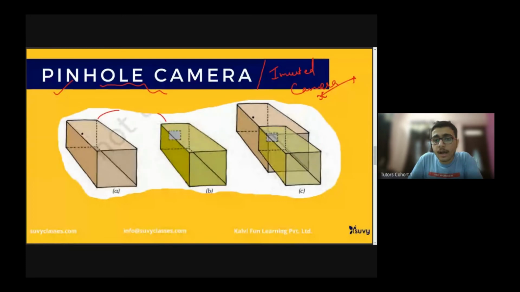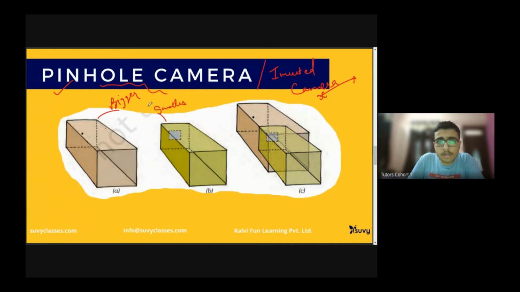A pinhole camera is a camera that is formed using two cardboard boxes. This is the bigger box, this is a smaller box.